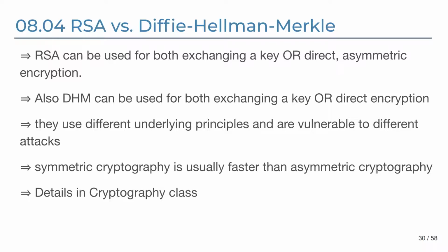Symmetric cryptography is usually faster than asymmetric cryptography, but asymmetric cryptography can be safer than symmetric cryptography. Hence, what you usually do is exchange the key using some asymmetric algorithm, and then use symmetric cryptography to encode the data.